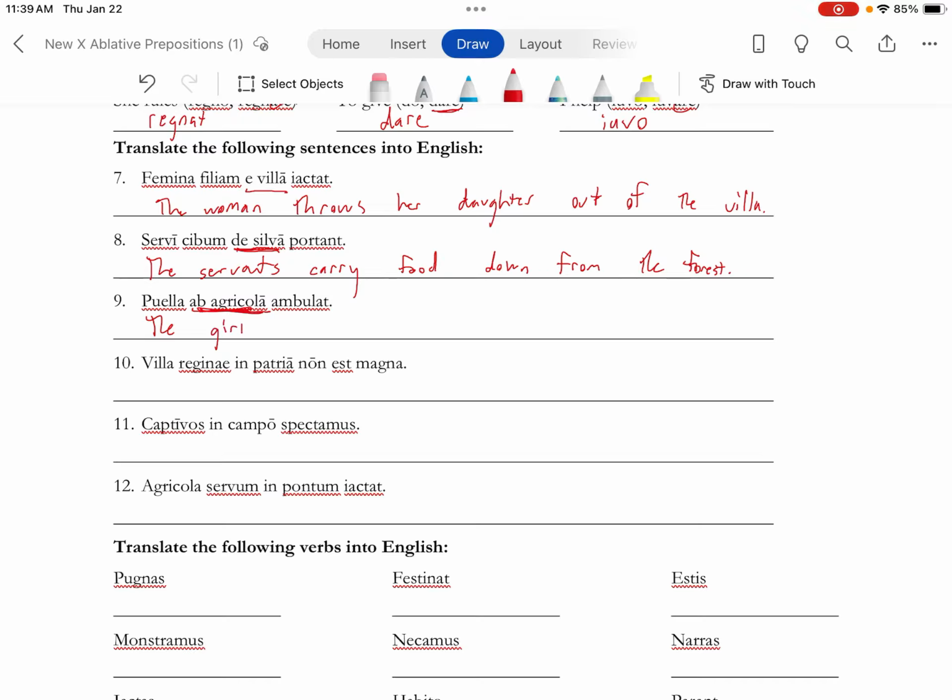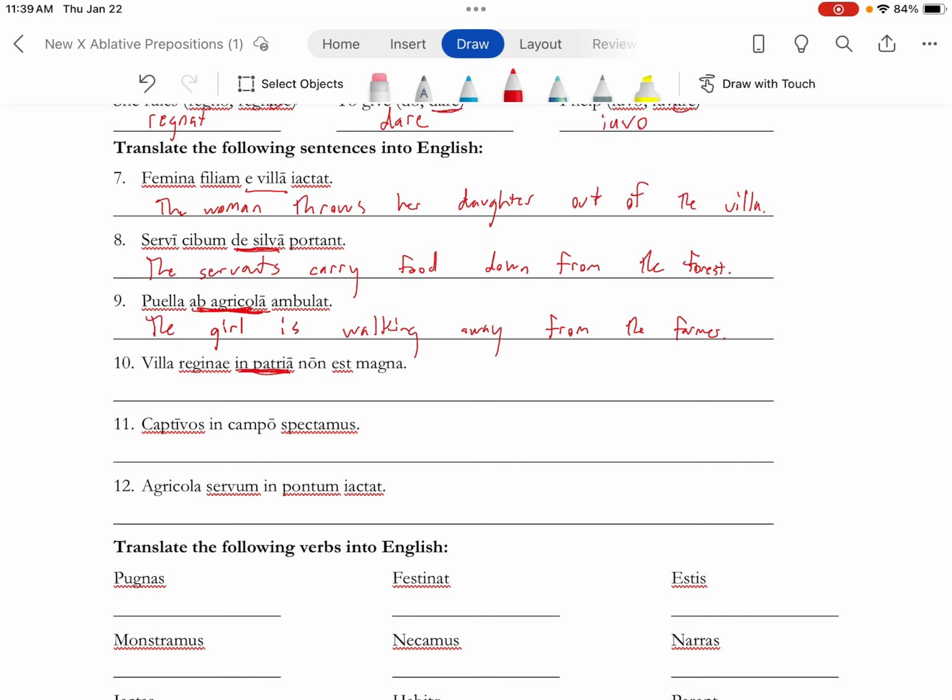The girl is walking away from the farmer. In patria is our prepositional phrase.